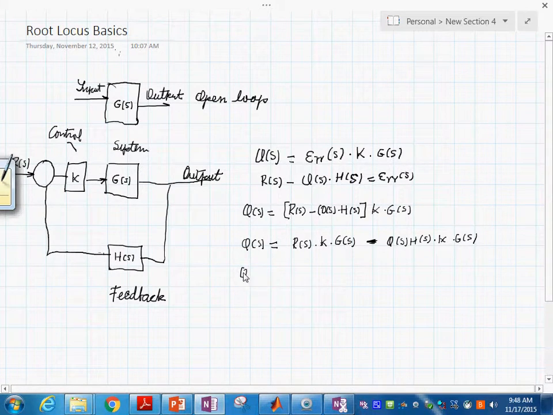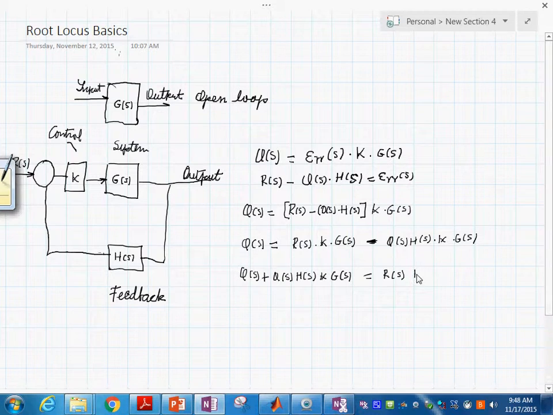So I would say output of s plus, bring this to the other side, output of s times h of s times k times g of s equals to r of s, right, times k times g of s. Okay, very good.